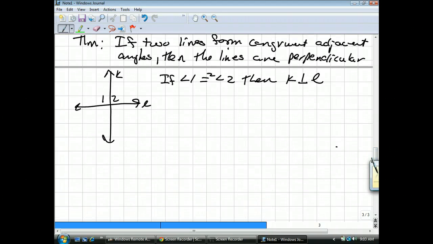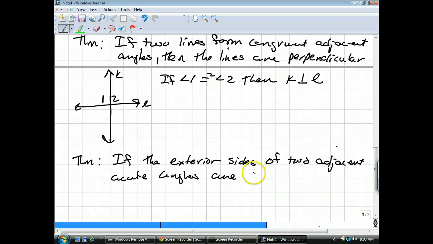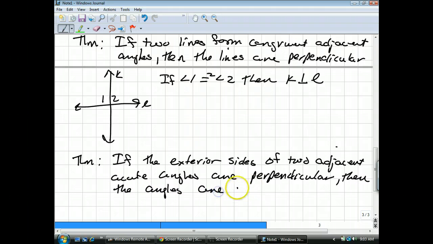Then the third theorem says if the exterior sides of two adjacent acute angles are perpendicular, then the angles are complementary.